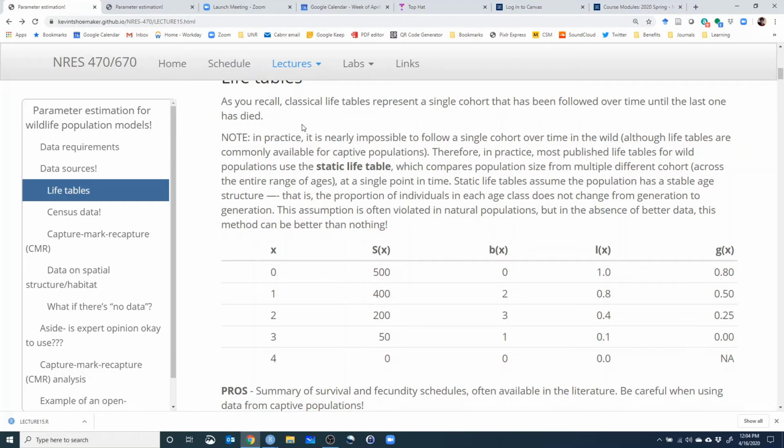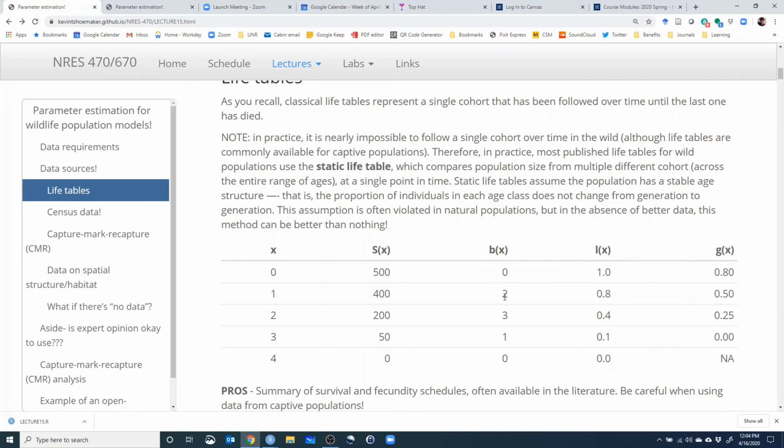As you recall from earlier lectures, a classical life table represents a single cohort that's been followed over time until the last one has died. So you might take a cohort that starts off with 500 individuals that are just born, right? And then follow them over time. And at year 1, there's 400 left, 100 have died. At year 2, 200 left.